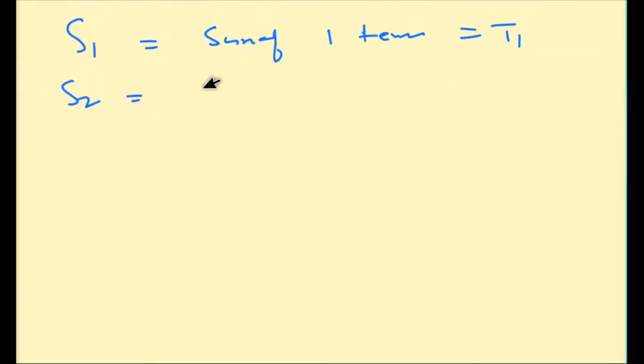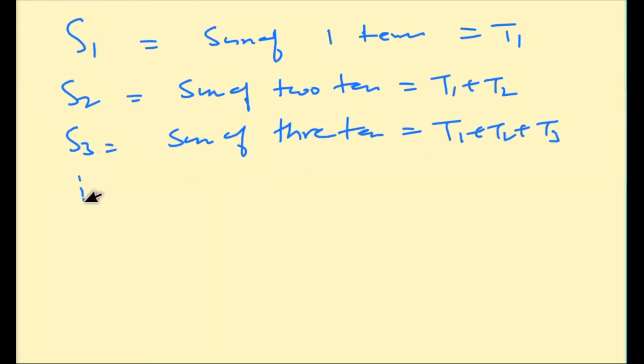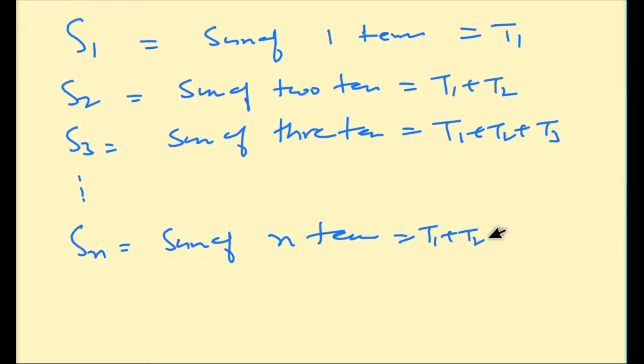S2 equals the sum of 2 terms, it is equal to T1 plus T2. S3, the sum of 3 terms, equals T1 plus T2 plus T3. We can see here Sn, the sum of N terms, is equal to T1 plus T2 plus T3 and so on, plus Tn.